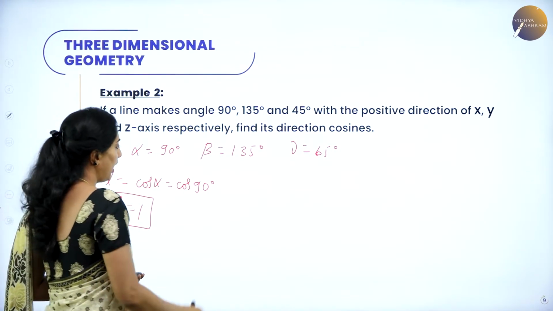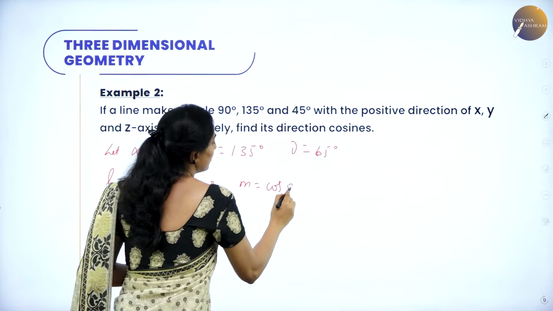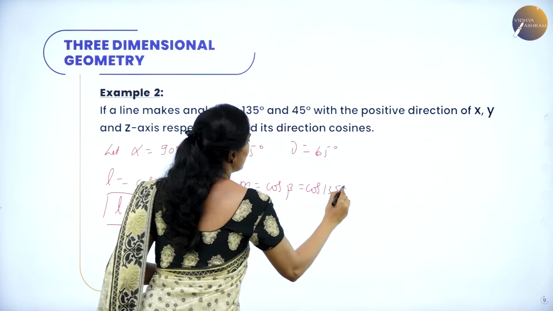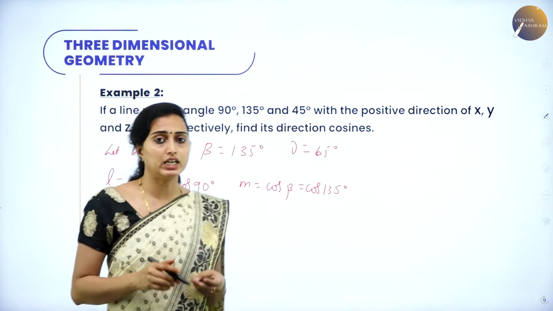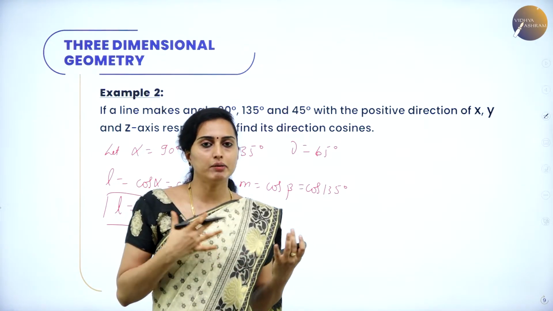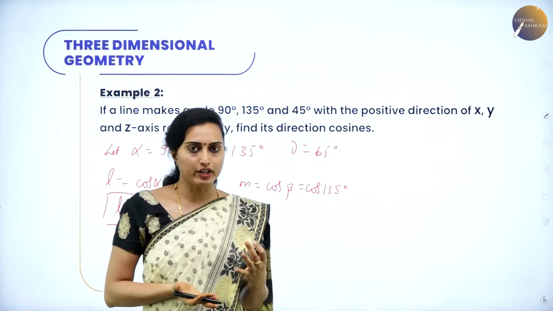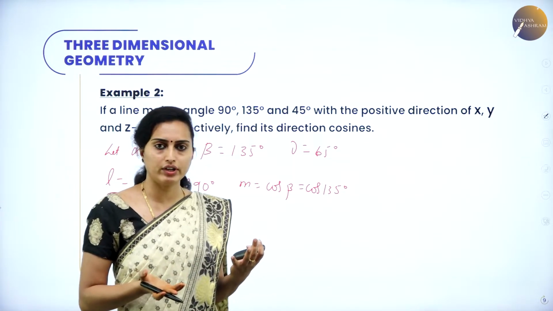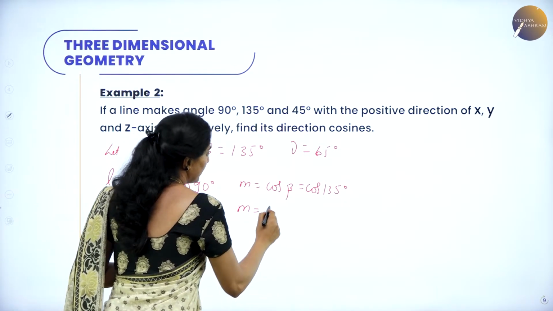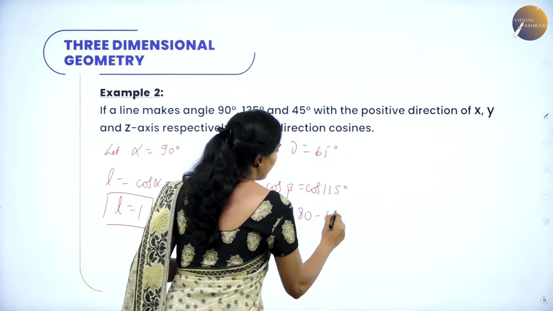Similarly, M is equal to cos beta. But here they have given beta as 135 degree. Dear students, how to write down 135 degree? Either 180 minus 45 degree you can write, or 90 plus 45 you can write. Both you are going to get the same value. You can write cos 135 degree as cos of 180 minus 45.